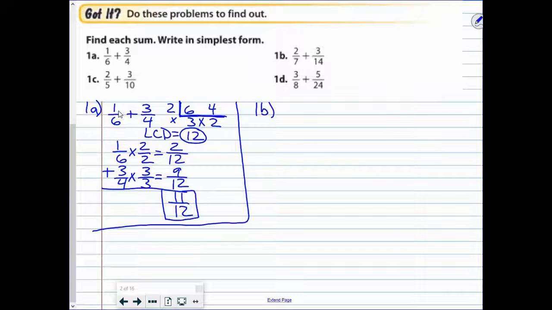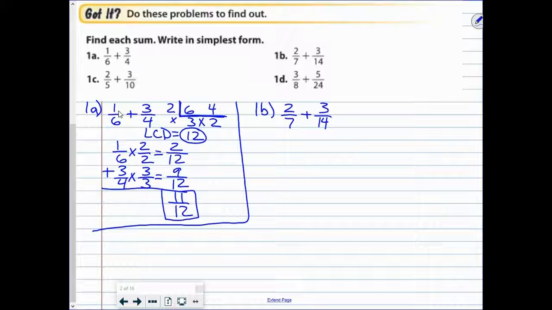On 1b, we have 2/7 plus 3/14. The easiest way to find a common denominator is if the smaller denominator divides equally into the larger one. Well, 7 does go into 14. It goes in twice. So 14 is actually going to be our common denominator.